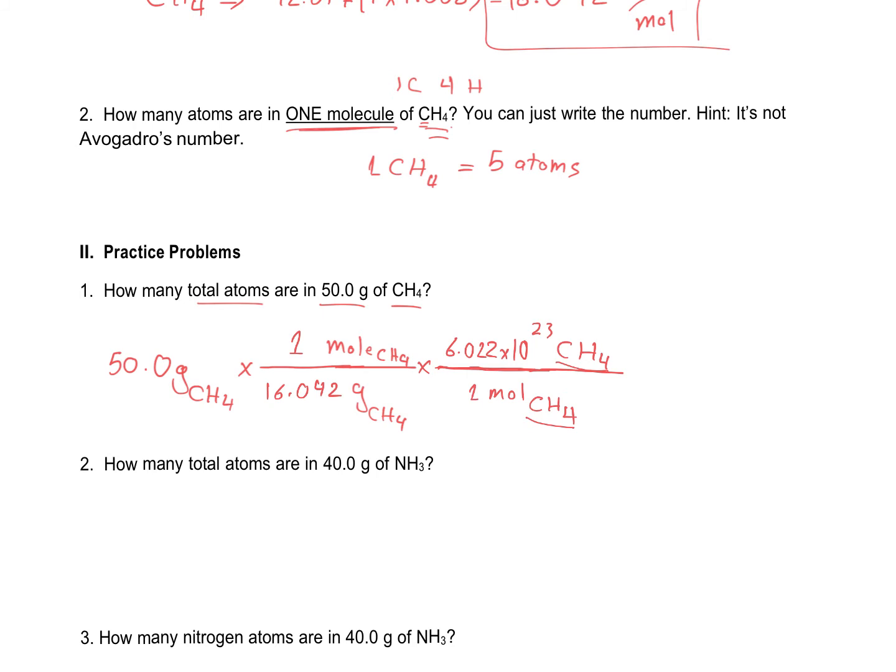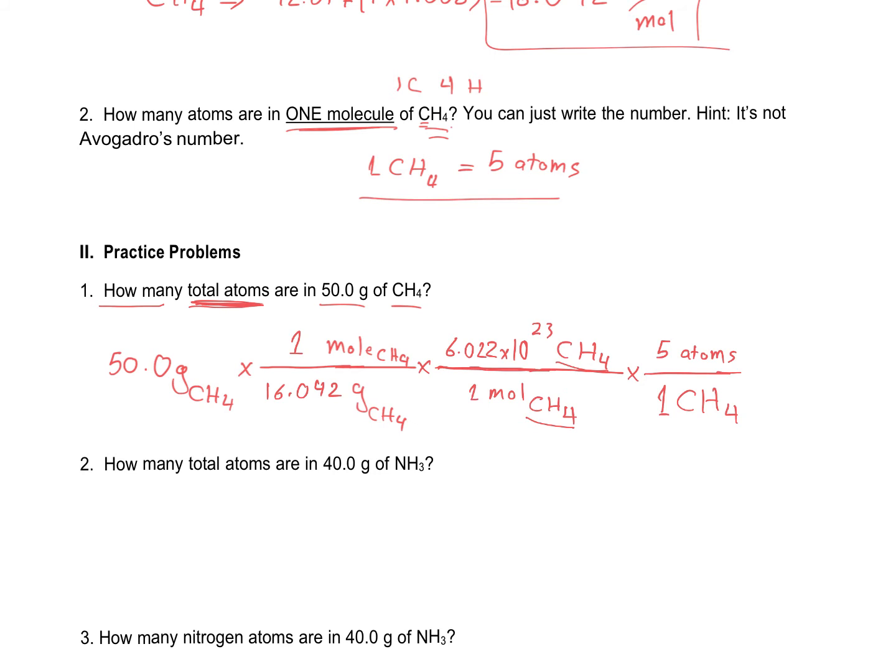Okay, so are we done? The question is asking how many total atoms, not how many CH4, so we are not done yet. We have to do one more conversion. From the equality we have on the top, we can make a conversion factor, right? We have CH4, I want to get rid of that, so I put it on the bottom. I know 1 CH4 has 5 atoms, right? And the question is asking how many total atoms, so it seems like we're done.